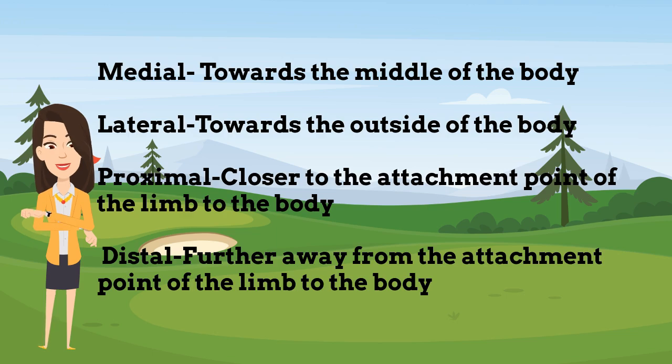Whereas proximal means closer to the attachment point of the limb to the body or the midline of the body. So the shoulder is proximal to the elbow. And distal means further away from the attachment point of the limb to the body or the midline of the body. An example for this is the ankle is distal to the knee.